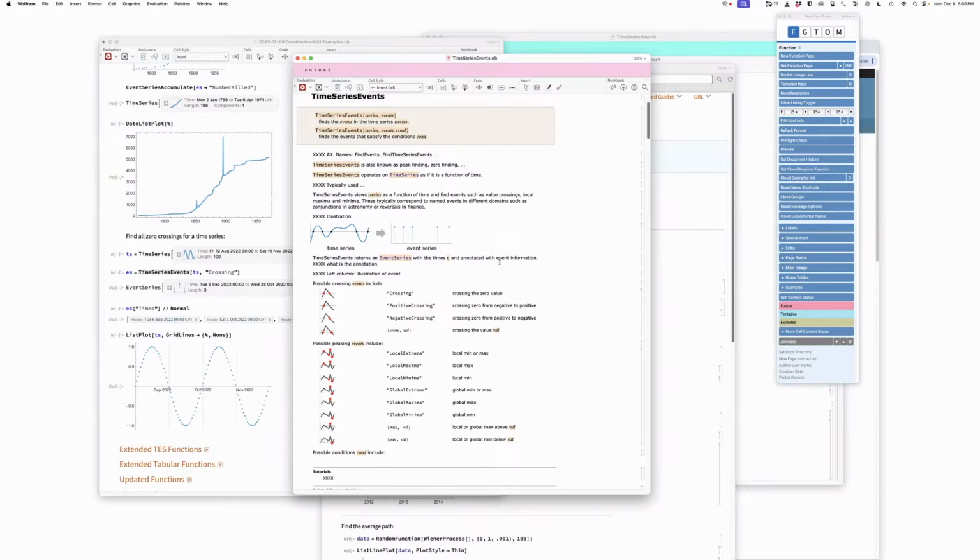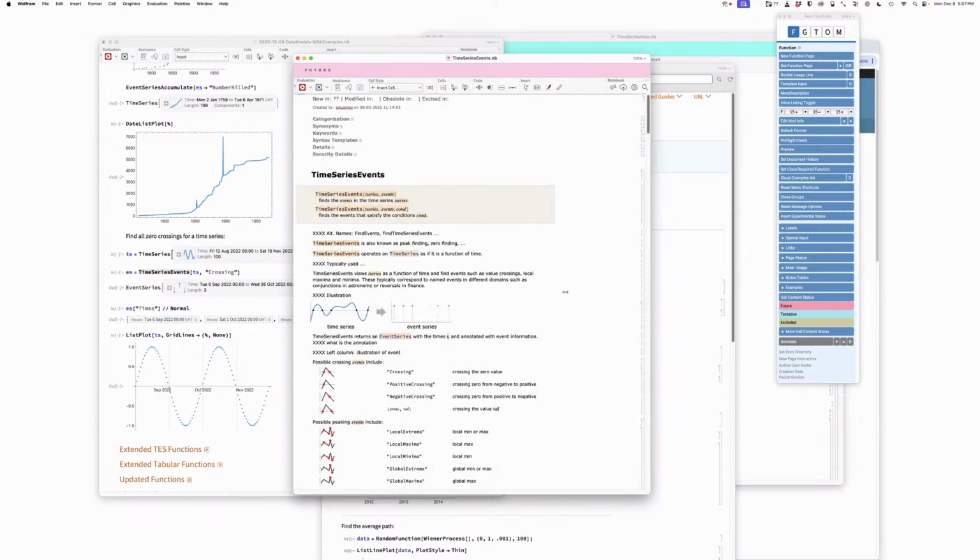I mean, this is clearly a nice function. It's clearly very useful. And it may be a functional form of this.